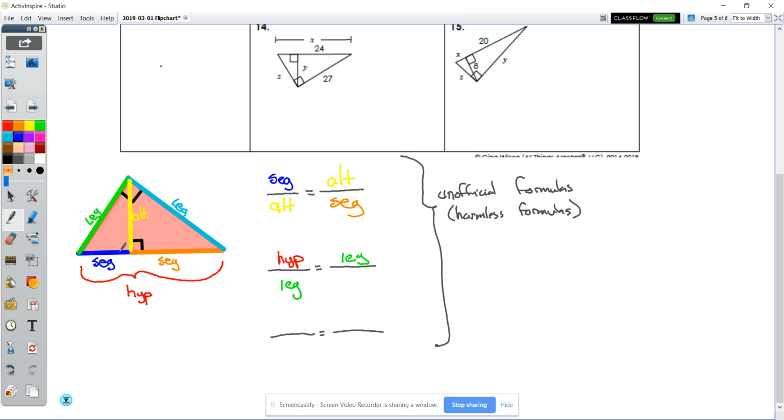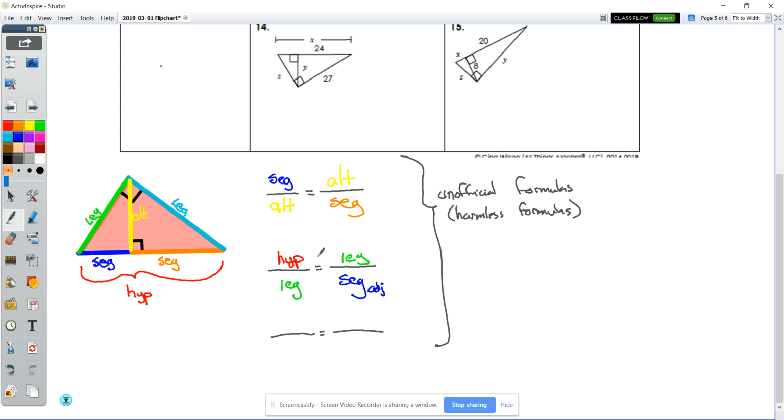Between these two segments, the one that's next to this particular leg is this blue one right here. So in my mind, I'm saying hypotenuse, leg, leg, segment, and sometimes I would say segment adjacent. Hypotenuse over leg equals leg over segment adjacent. And this is what I memorized.